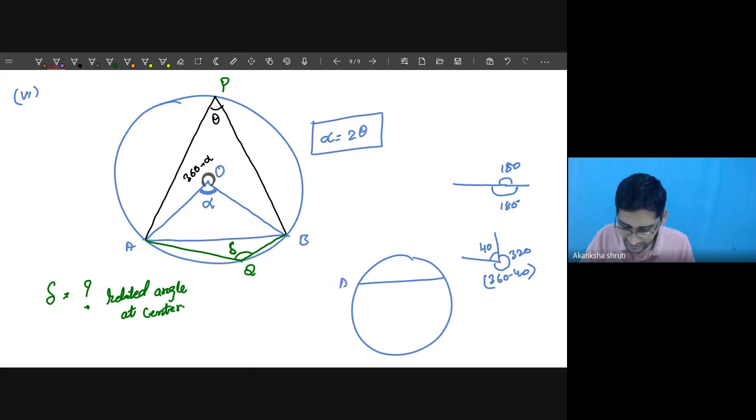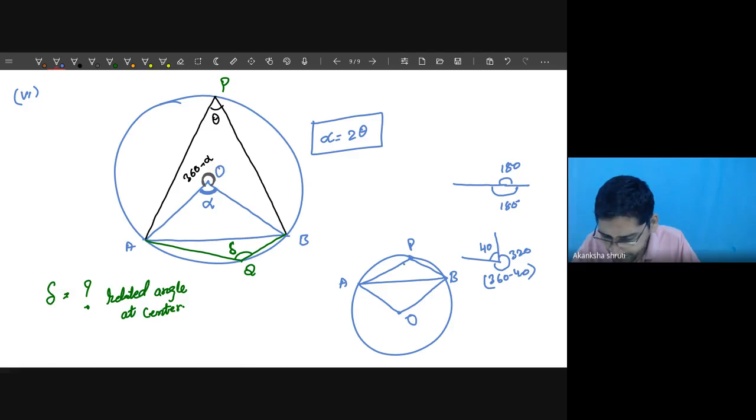Very good. So if the chord is drawn like this, one of the angles is at the point P, another angle at the center O. I was explaining which angle at the center needs to be considered.